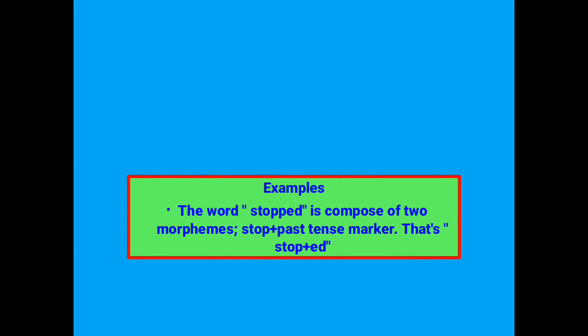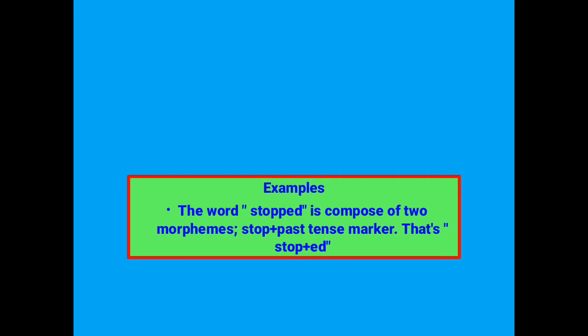Examples. Number 1, the word stopped is composed of two morphemes: stop plus the past tense marker, that is, stop plus ed.